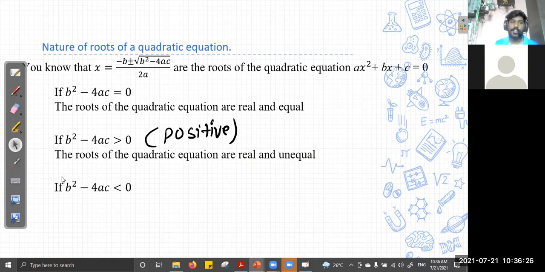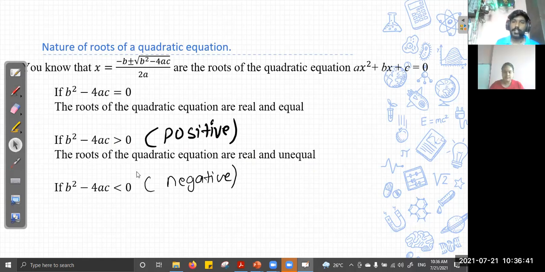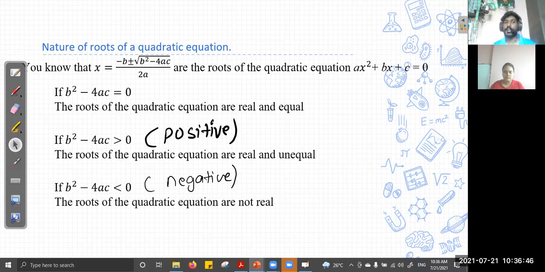And lastly, if the discriminant is less than 0, less than 0 means negative. If your discriminant is negative, then the roots are said to be not real.